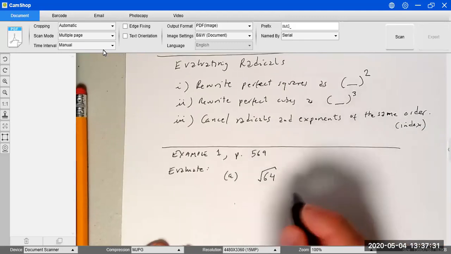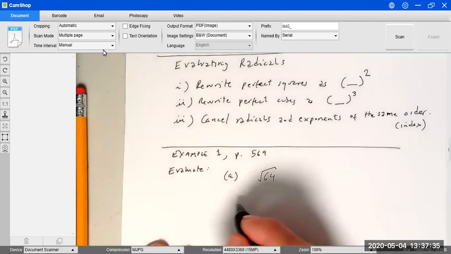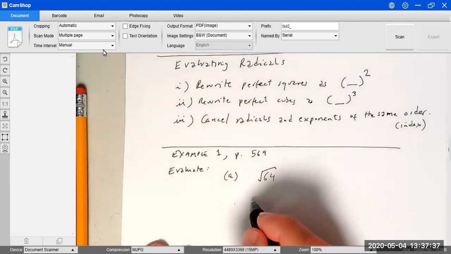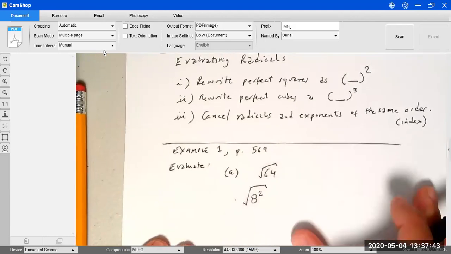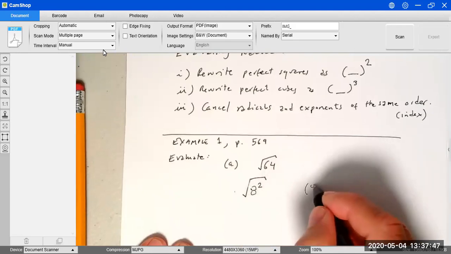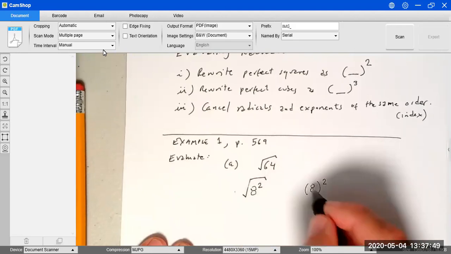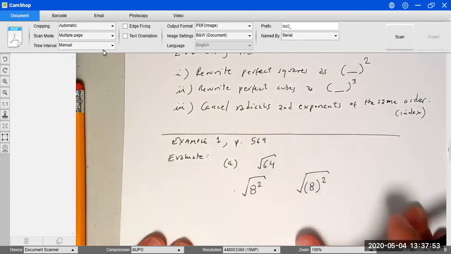So first, we're going to rewrite the number as a perfect square. 64 can be written as 8 squared, and then we have the radical here. You can have it in this way, or, as I mentioned before, by using a parenthesis. Both ways work for us.